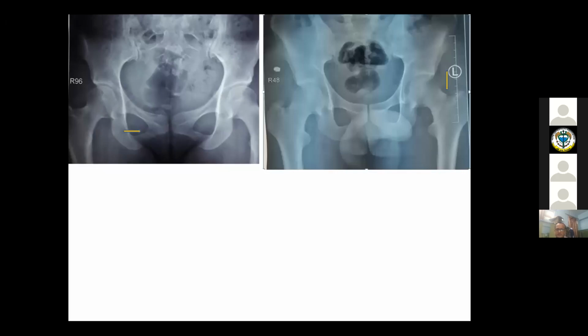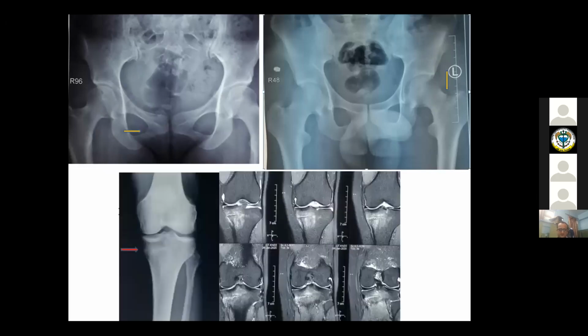This is another X-ray showing a complete left femoral neck stress fracture, and the third picture shows a stress fracture of the medial tibial plateau, which is more clear on MRI. These are what we usually encounter in our OPD during our day-to-day activities.